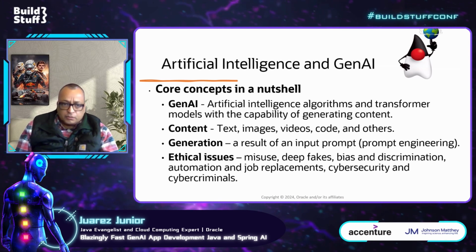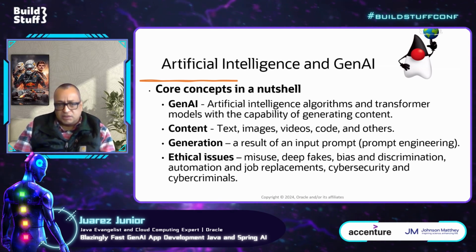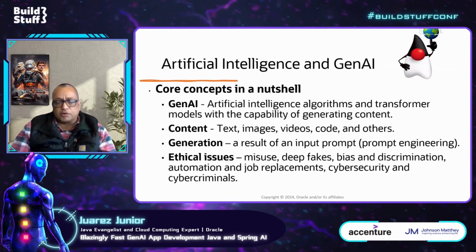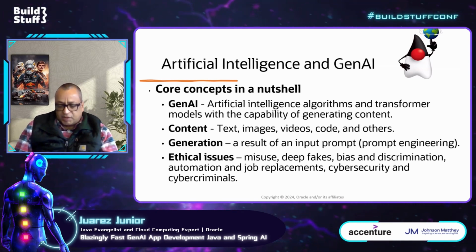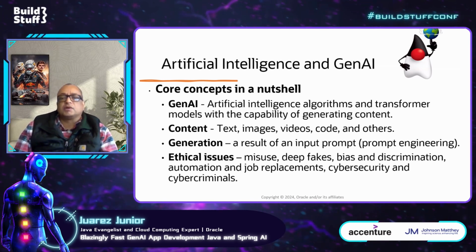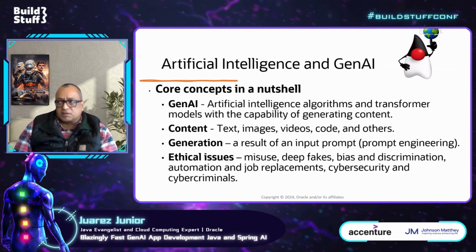Many ethical issues are related to artificial intelligence in general, but I would say technology as well. Misuse, deep fakes, where with a photograph of you, depending on the platform, it's possible to generate a video. Bias and discrimination, so it's important to have the proper guardrails in place, things like responsible AI and so on.